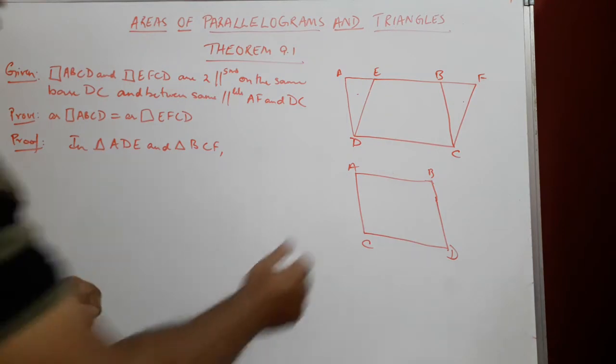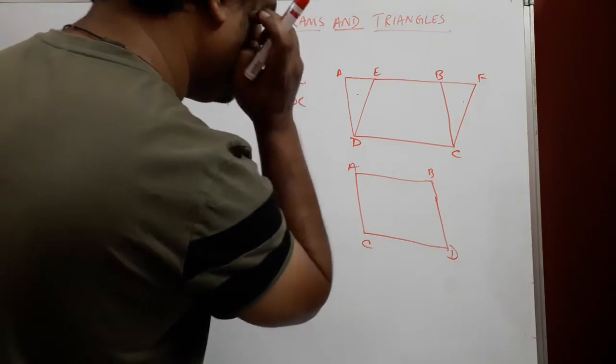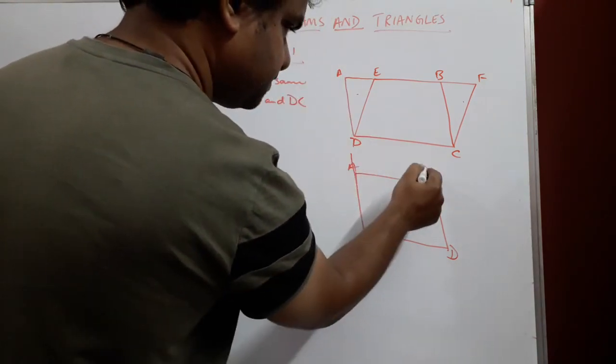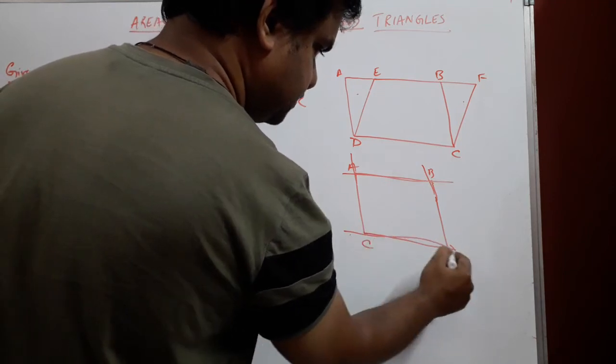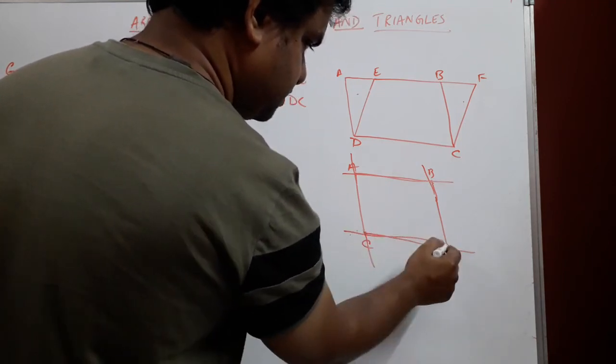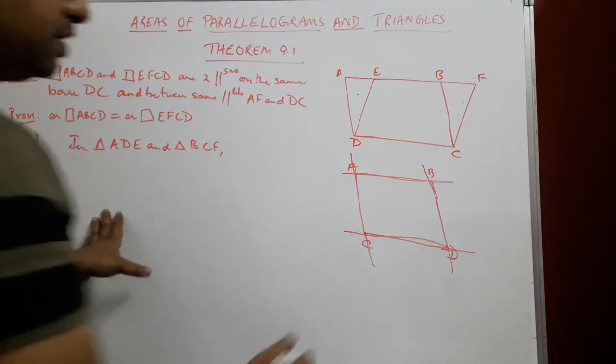Since these lines are parallel to each other, we can get their angles equal to each other. Suppose I go ahead and extend this further, and I leave it like this instead of that. So in that case, what will happen? We now have a transversal.